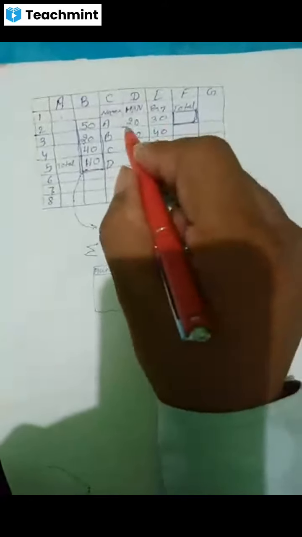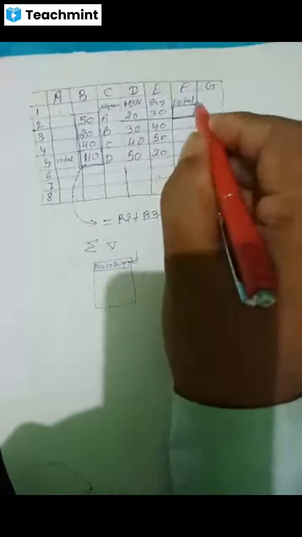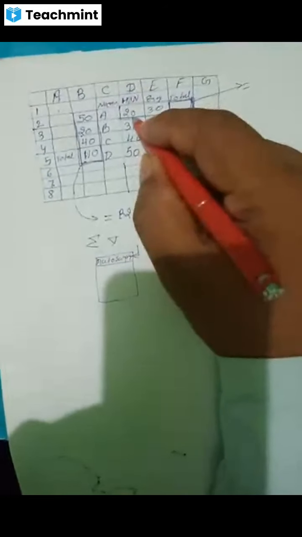First we will select the cell range from here to here. Okay. After selecting, then we will write the equal sign. Here we will write the equal sign, and what is the cell address?